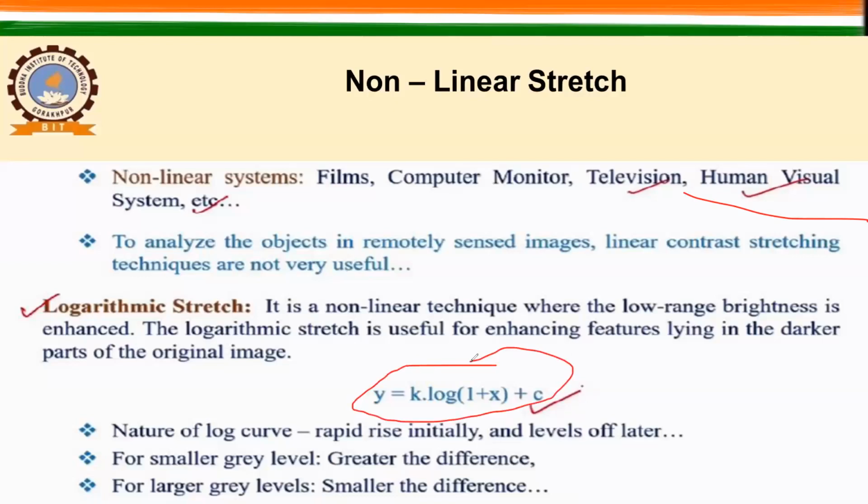This is the general expression of your logarithmic stretch. And what is the nature of the curve? That is a log curve. It rises rapidly and levels off later, so it can give you very good results for smaller gray levels.